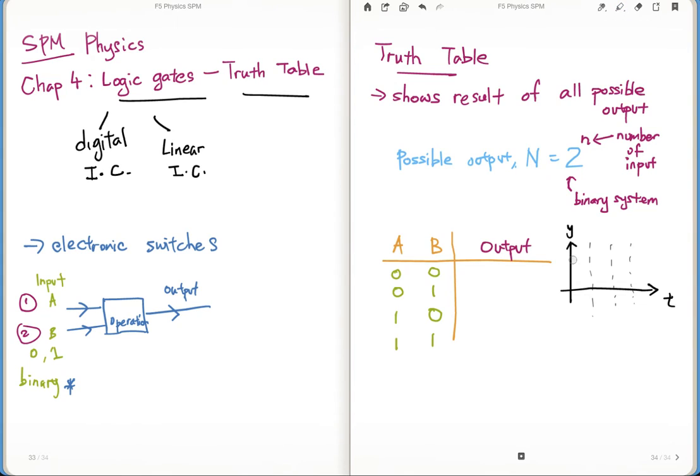If there's a yes, then you have 1, 0, 1, 0. This is 0, this is 1. There's no in between, no 0.5. It's either on or off, that's all. This represents one input. If you have 2 inputs, then you need to sketch another one.